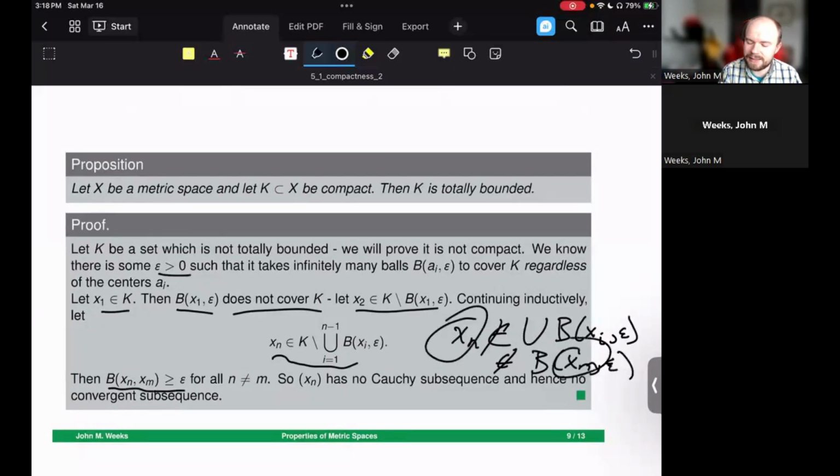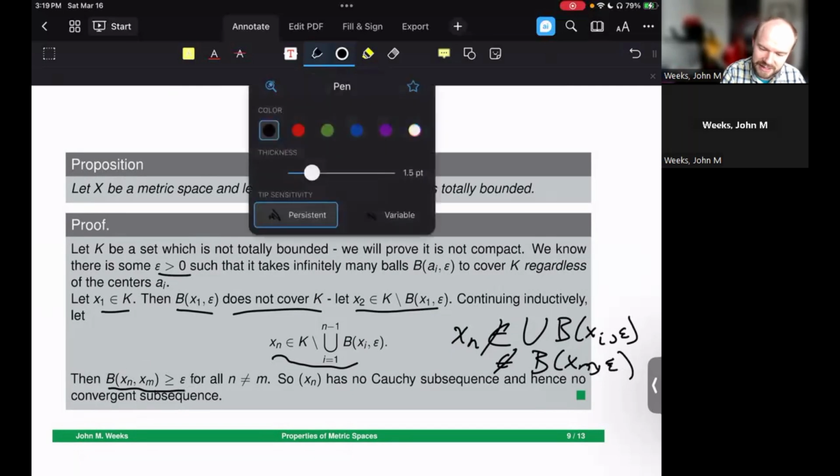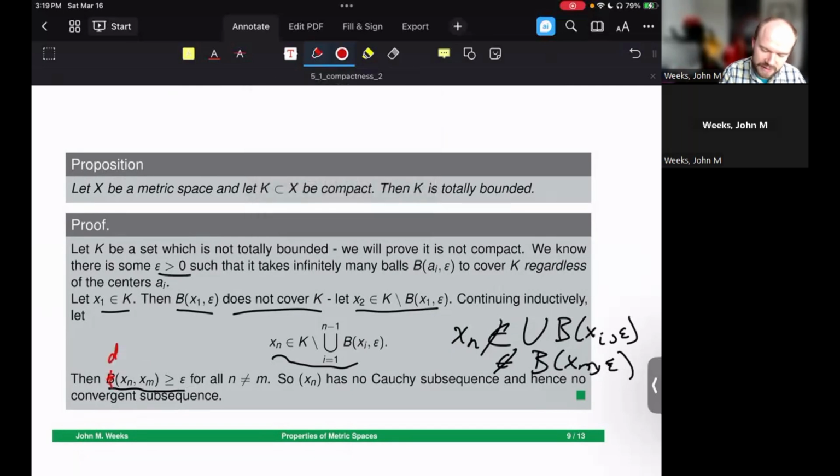That means that x sub n and x sub m have to be outside of each other's epsilon balls. So x sub n is not within epsilon distance of x sub m, and that's exactly what this means. I should have written d here, so that distance is greater than or equal to epsilon, and for exactly the same reason as our previous proof, we cannot have a Cauchy subsequence, and hence we can get no convergent subsequence here.